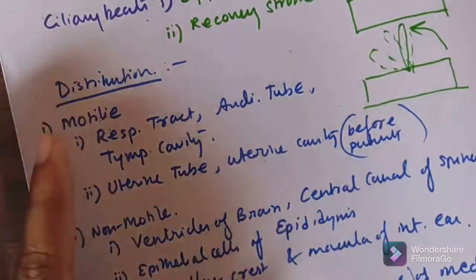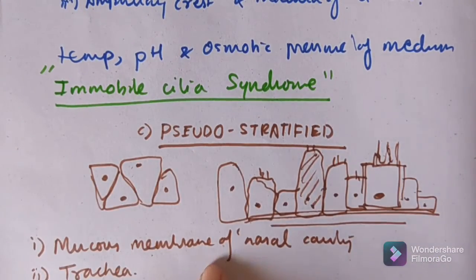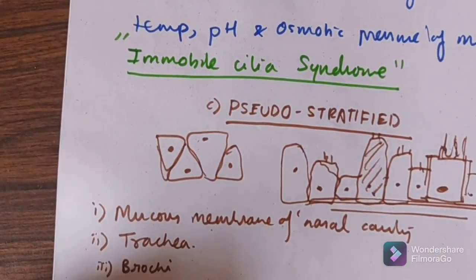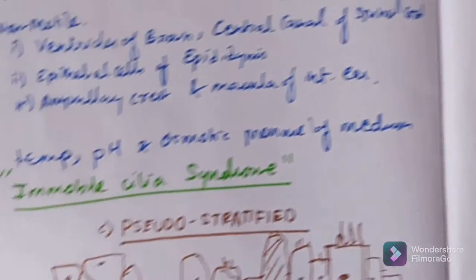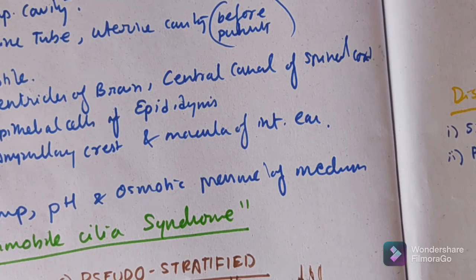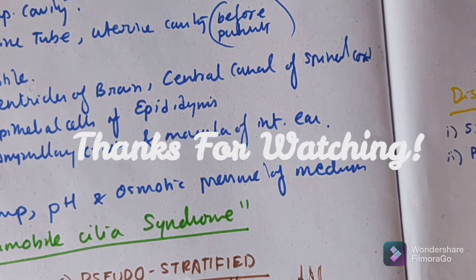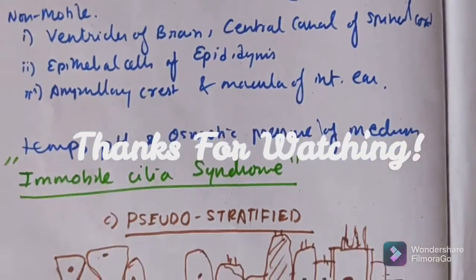Next, we learned about the cilia in detail and their distribution on the basis of motility. Next, we learned about the pseudostratified epithelium and where it is found. So this was pretty much about the simple epithelium. In the next part of this video, we will be discussing the compound epithelium. Hope you understood well. Thanks for watching.